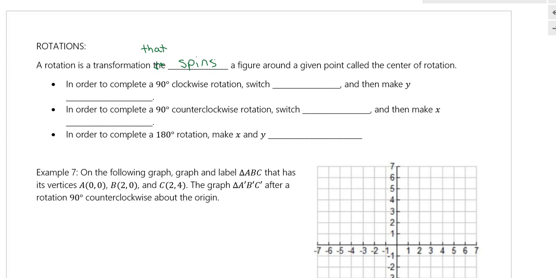In order to complete a 90 degrees clockwise rotation, switch X and Y, and then make Y negative. In order to complete a 90 degree counterclockwise rotation, switch X and Y, and make X negative. In order to complete a 180 degree rotation, make X and Y negative.